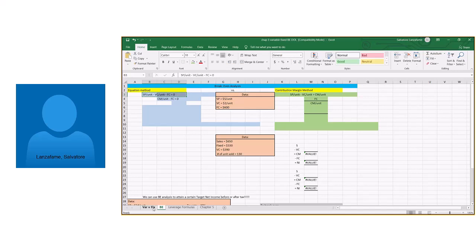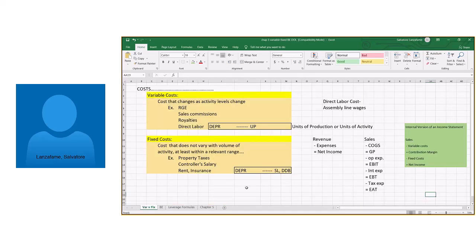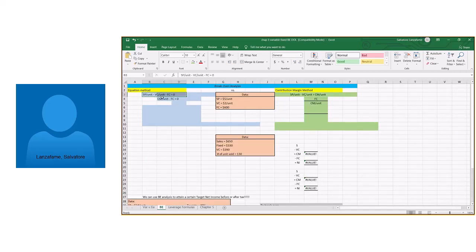I mean, look at, sales minus variable, selling price minus variable cost per unit. So selling price per unit, which is kind of like sales, variable cost per unit, which is like the variable cost. I don't see the contribution margin on that row, but that's what SP minus VC means.